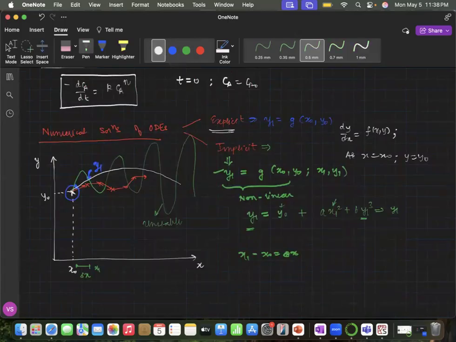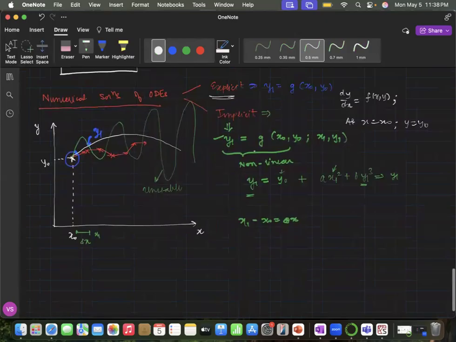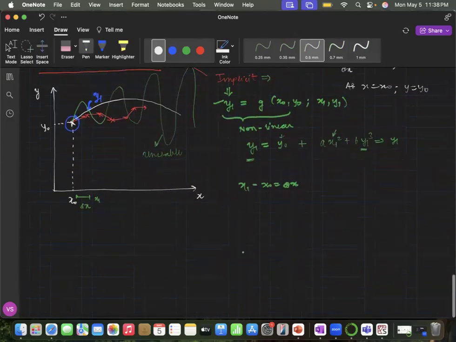So explicit methods are where, in order to evaluate the information at the point y1, we are going to use the previous point, which is y0. Similarly, in general, for explicit methods, we are going to use information to evaluate the information at the point i plus 1.